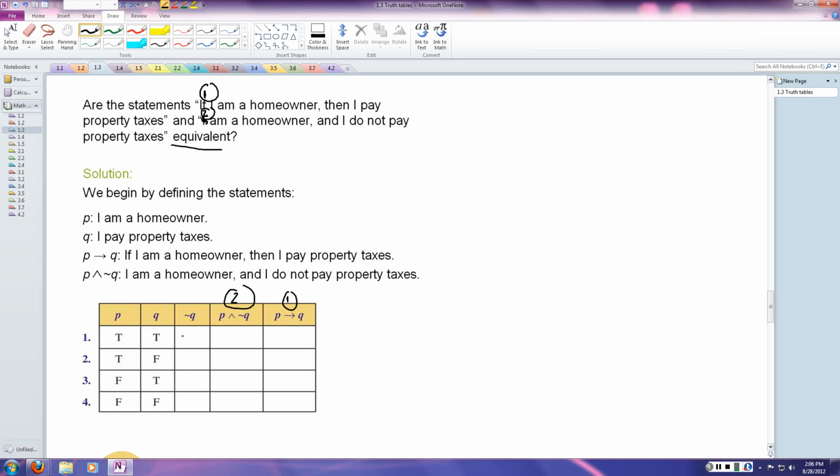So here I have a true, so this ends up being false, true, false, true. So now I'm looking at P and not Q. So I'm looking at these two columns, and I'm joining them with the word and. So and tells me they both have to be true. So this is false, this is false.